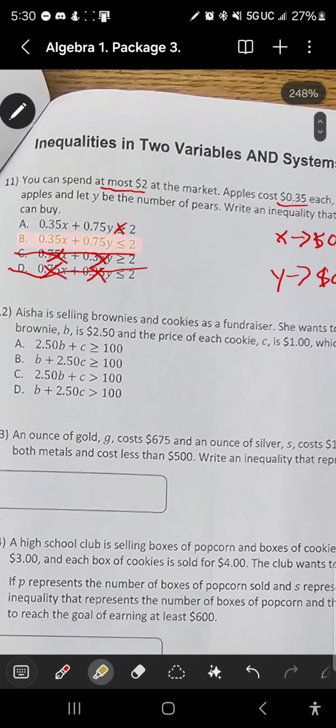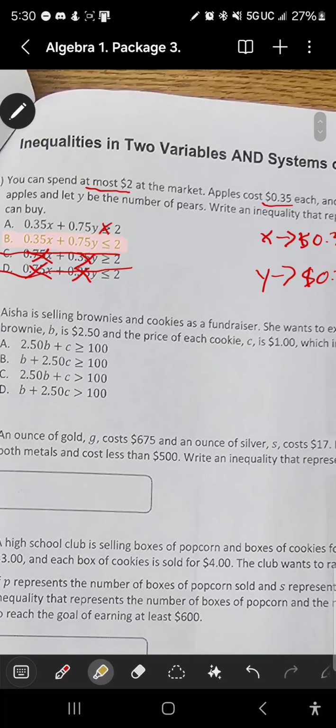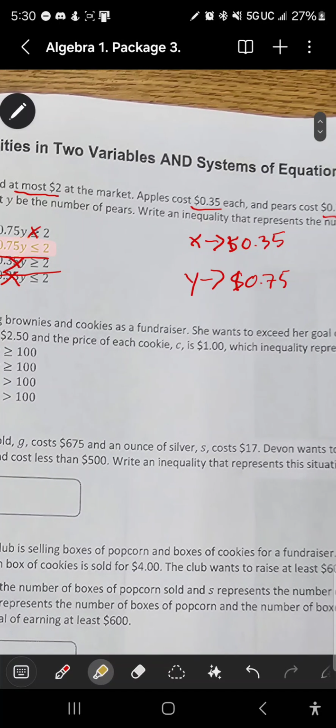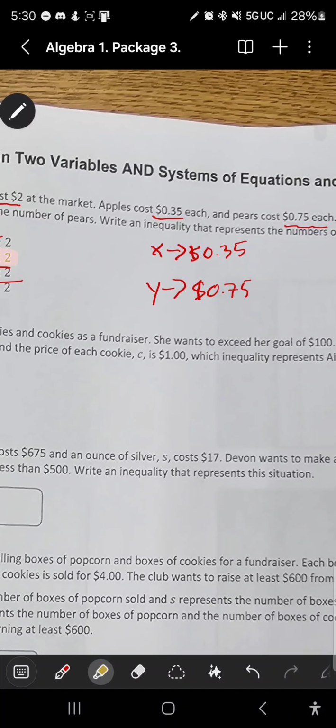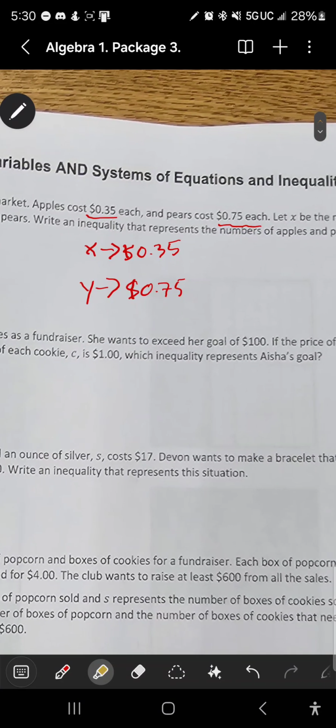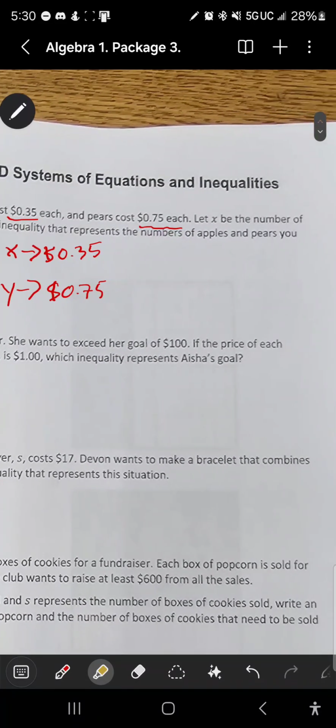Now let's see 12. Aisha is selling brownies and cookies as a fundraiser. She wants to set her goal of $100. Wait, let's see something. Keyword, important keyword.